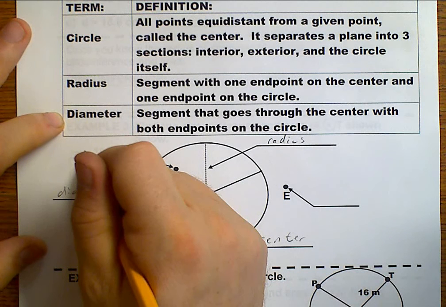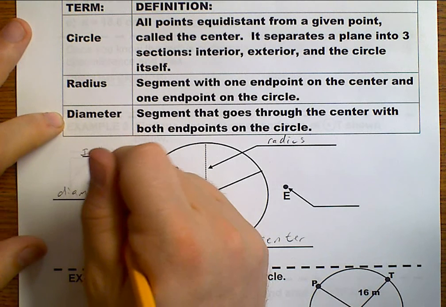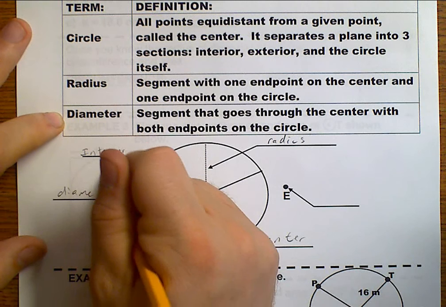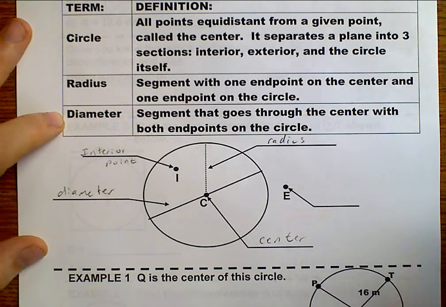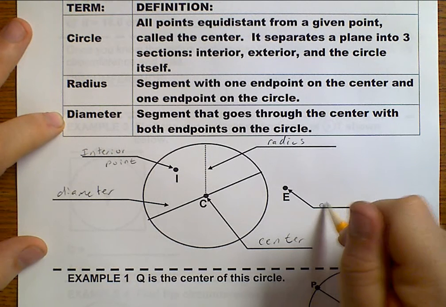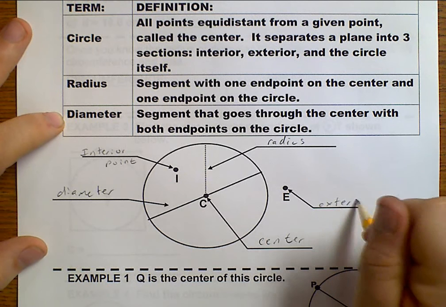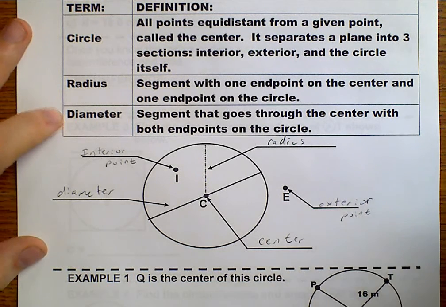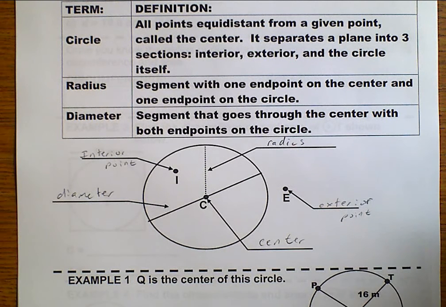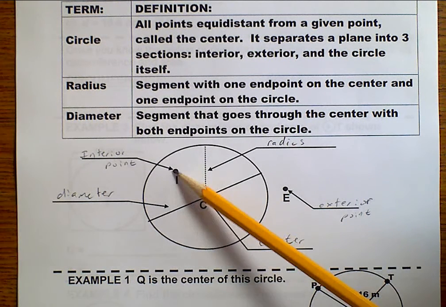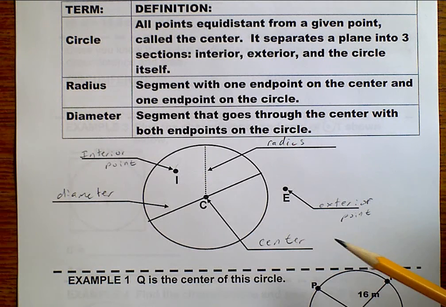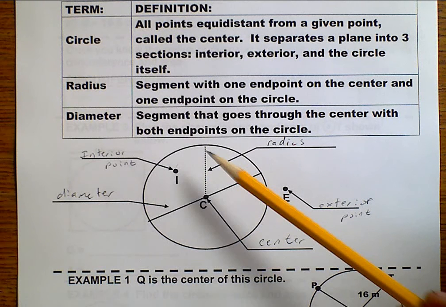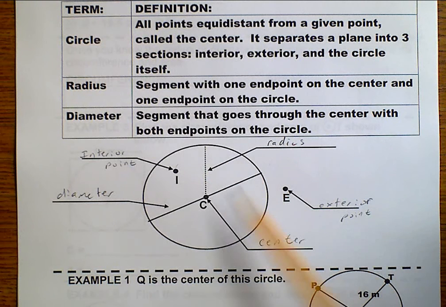I is an interior point, and E is an exterior point. So we have our center, interior, exterior, the radius, which only goes halfway across, the diameter, which cuts all the way across. So let's go ahead and just go over some more basics.